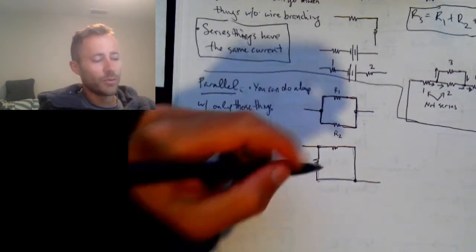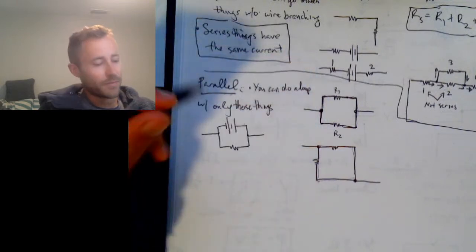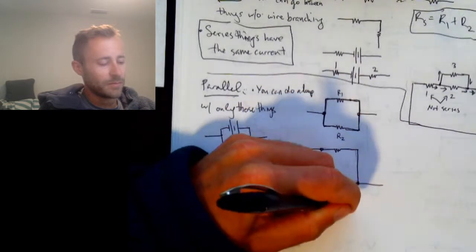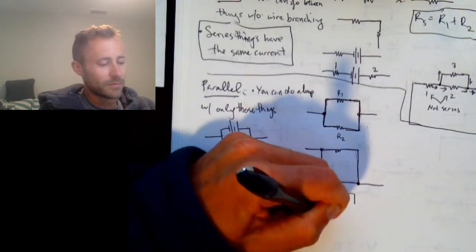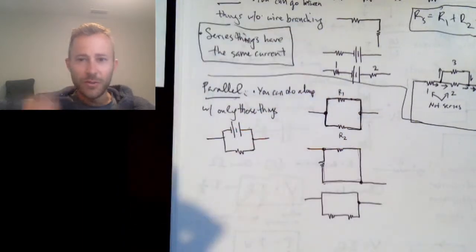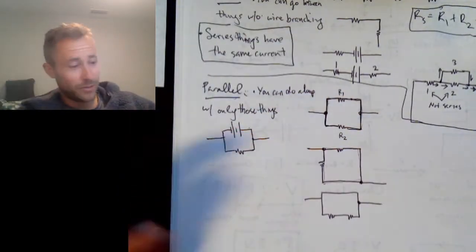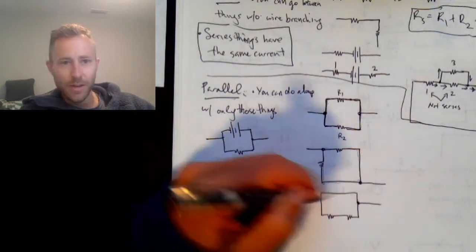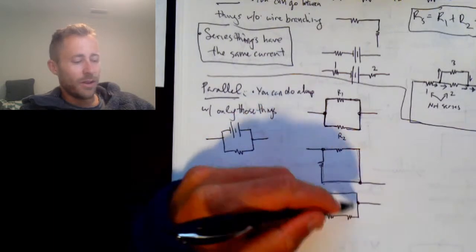Let me draw a really weird parallel. What if you had something like this? These two are in parallel. Why? Because if I go around this loop, I only encounter those two resistors.